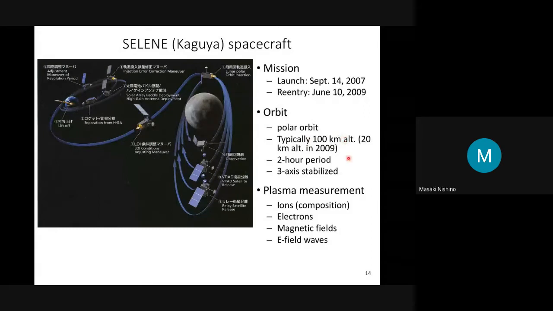But in the latter half of the operations, we made it lower and lower, and 20 kilometers altitude observation was realized. The polar orbit period was about 2 hours, and we measured ions, including composition, as Yokota-san talked about this morning, and electrons, magnetic fields, and electric field wave components.